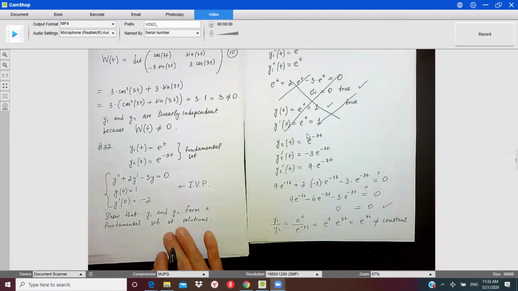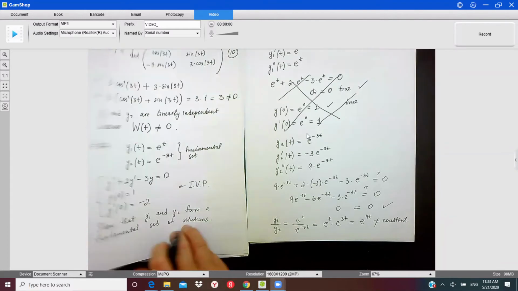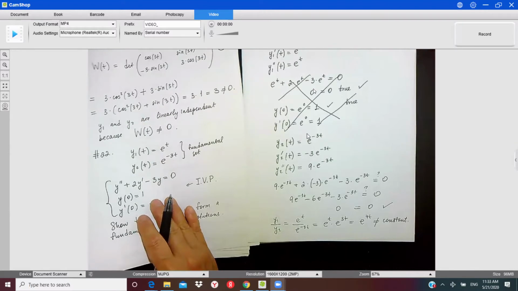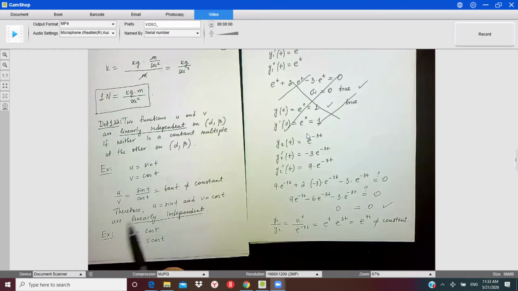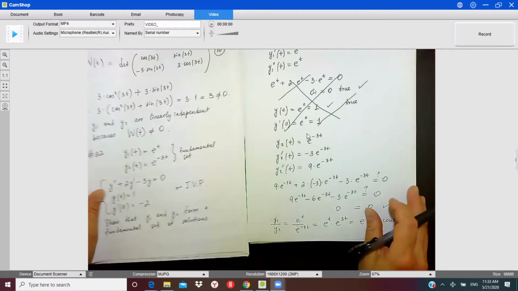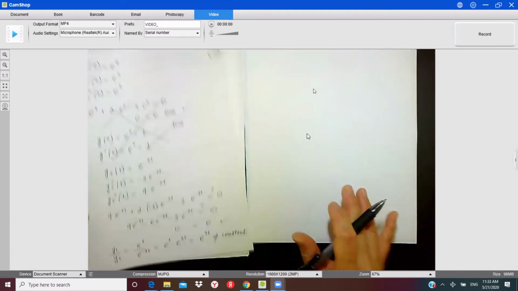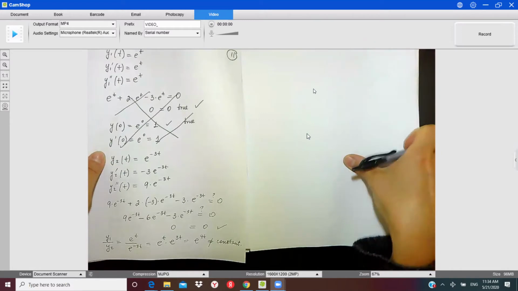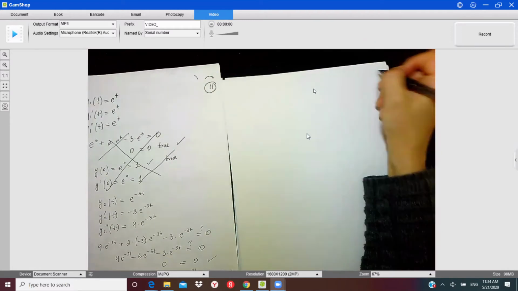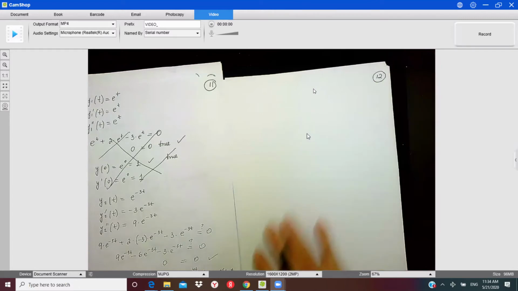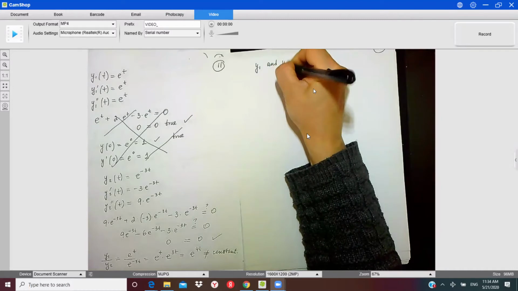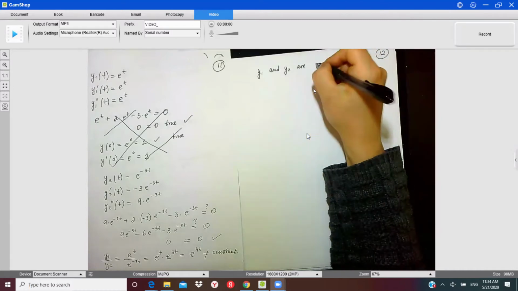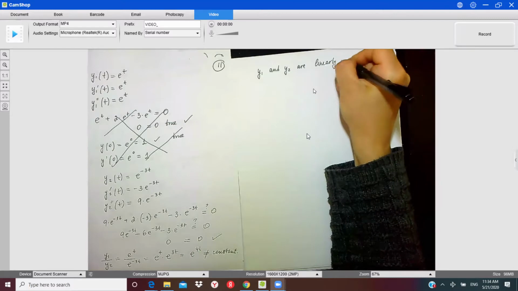So by the definition 1.22, that was a while ago. So by this definition, if the ratio is not a constant, functions are linearly independent. So y sub 1 and y sub 2 are linearly independent.